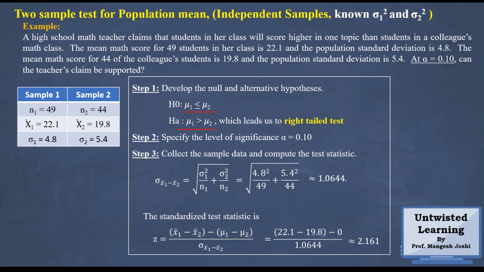The formula for Z is x1 bar minus x2 bar minus mu1 minus mu2, which is 0, and it is 22.1 minus 19.8, divided by the standard deviation of x1 bar minus x2 bar. The formula for this is the square root of sigma 1 square by n1 plus sigma 2 square by n2, which comes out to be 1.0644, and the value of the Z statistic comes out to be 2.161.